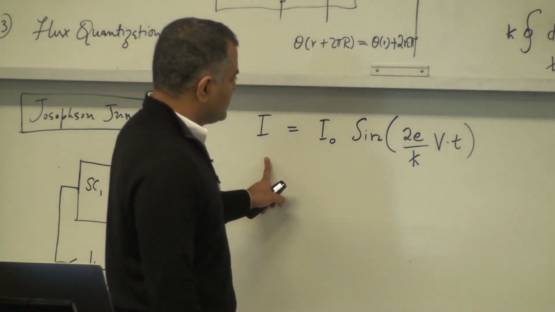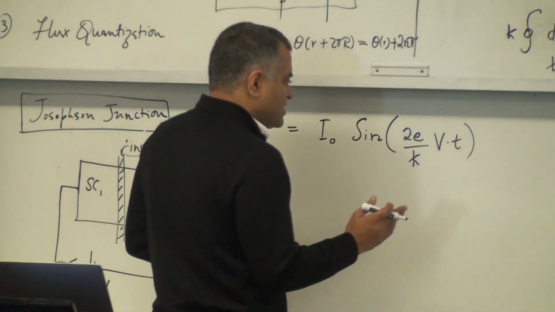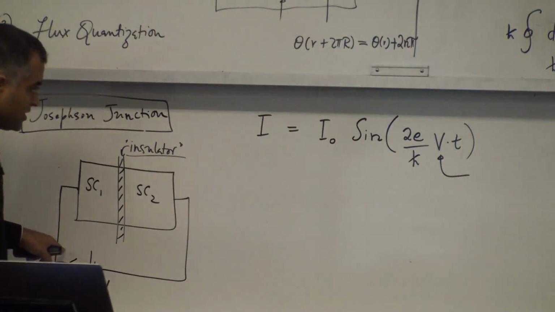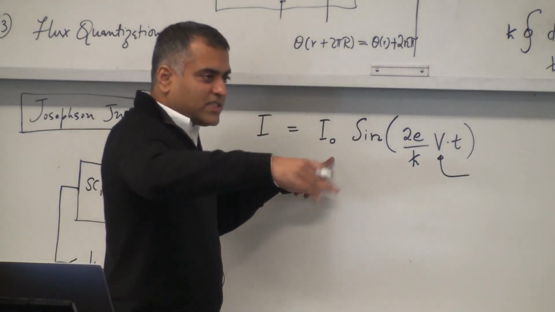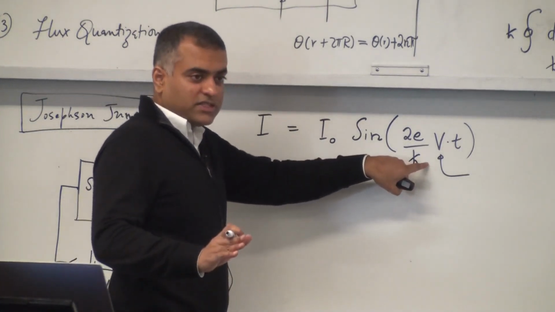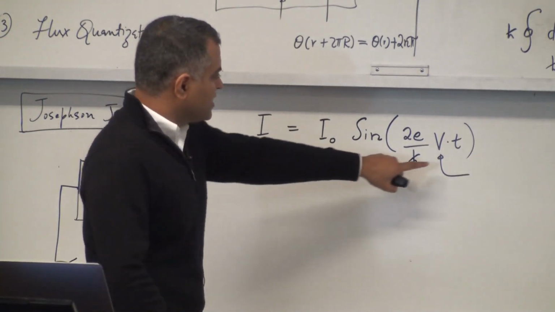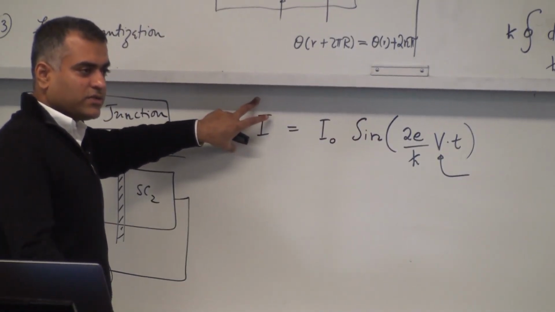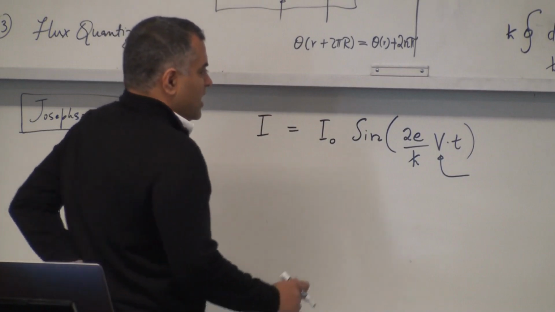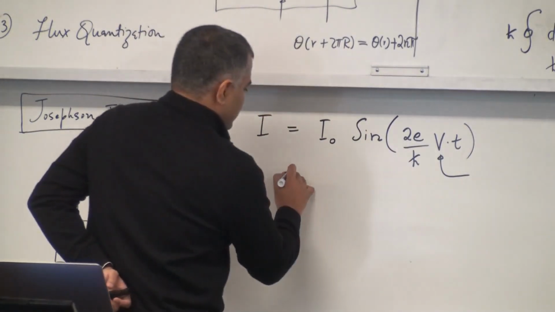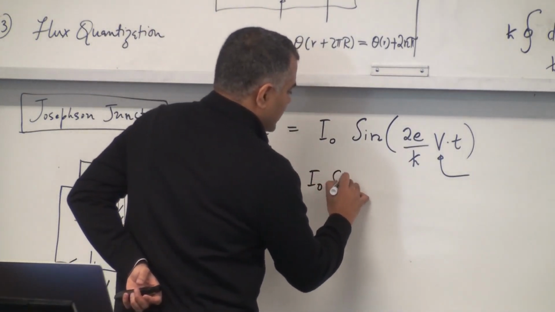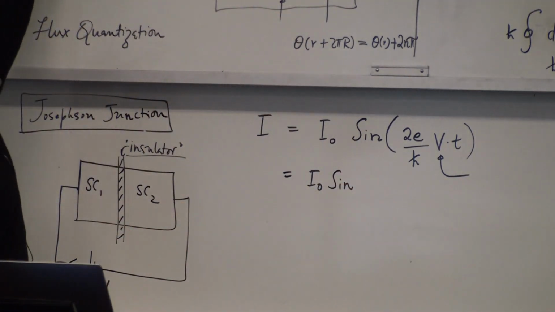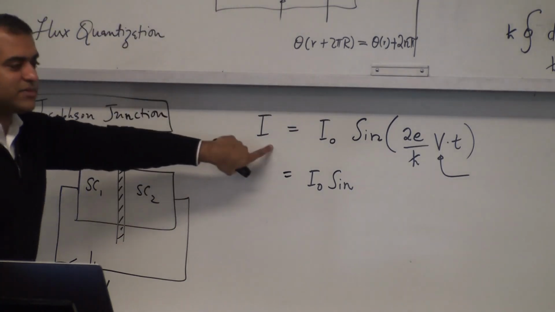So if you apply a DC voltage across it, a constant voltage, which is very weird, the current is oscillating with time. It's not constant. So a DC voltage is going to lead to an AC current. The Josephson junction itself is an oscillator. And we'll just do an outline of a derivation, and then I'll leave it to you because once you write the wave function like this, this comes out in 2 or 3 steps.